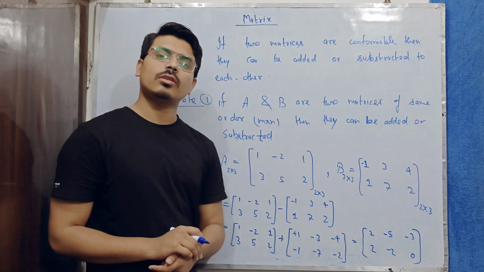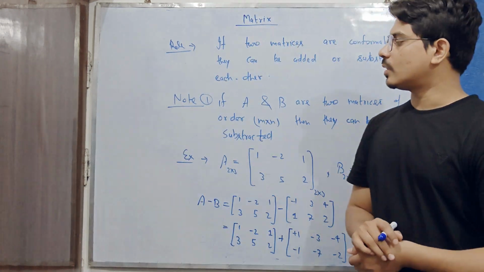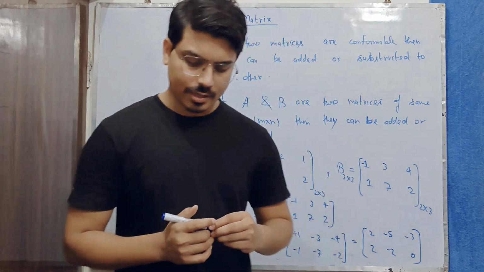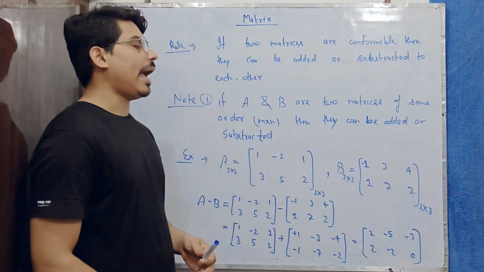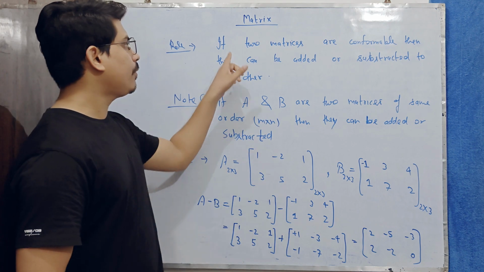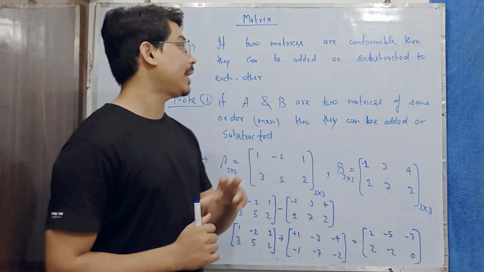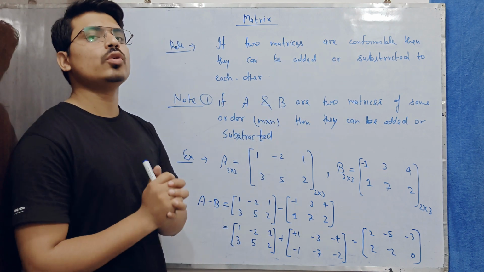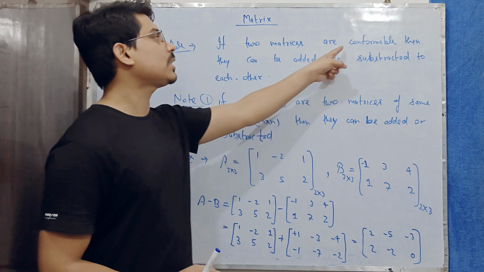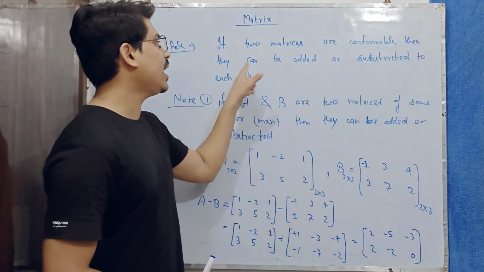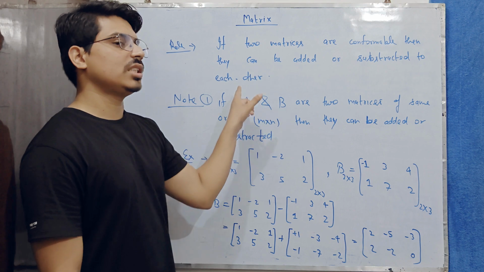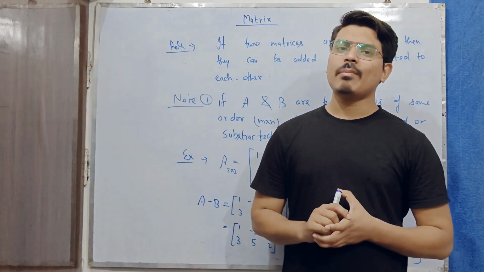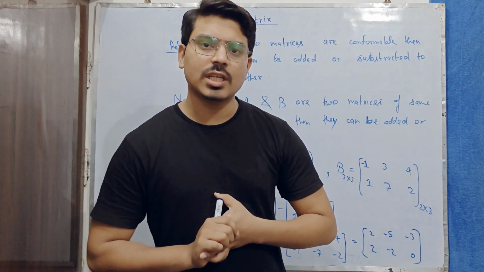Now it is time to define how you can multiply two matrices to each other. As I said here, if two matrices are conformable, then they can be added or subtracted. In the same way, if two matrices are conformable, then they can be multiplied to each other. Remember one thing: not all matrices can be multiplied to each other.